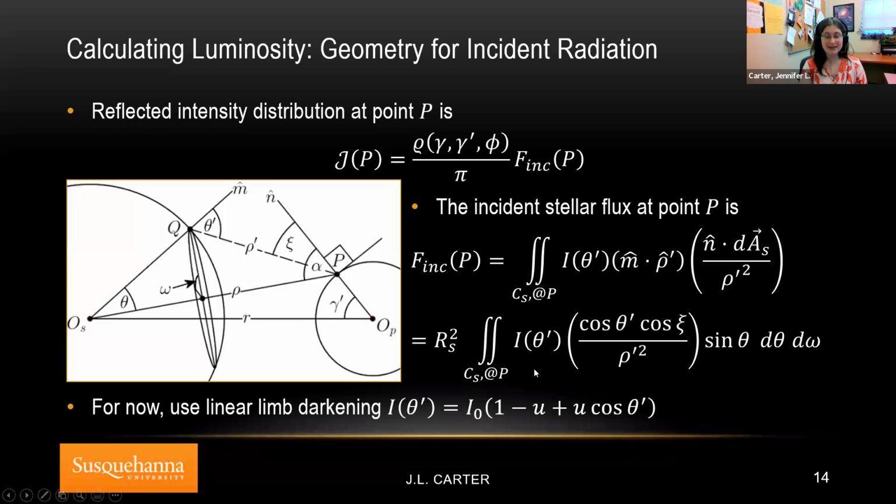In particular, because of this bit here, we only want to integrate over the part of the host star visible at point P. And there are two main zones to consider, the fully illuminated zone and the partially illuminated zone, the penumbral zone. Let's start with the fully illuminated zone. Oh, before I forget, in this case, alpha is our angle of incidence rather than gamma prime. And it's easy to show that these two are about equal for large star-planet separations.